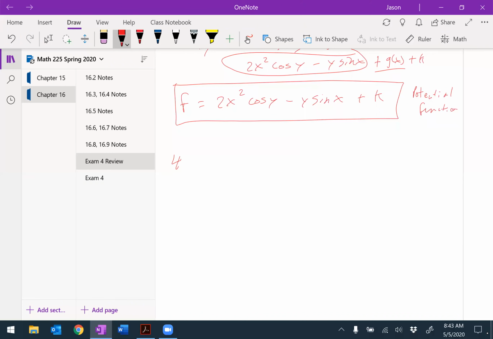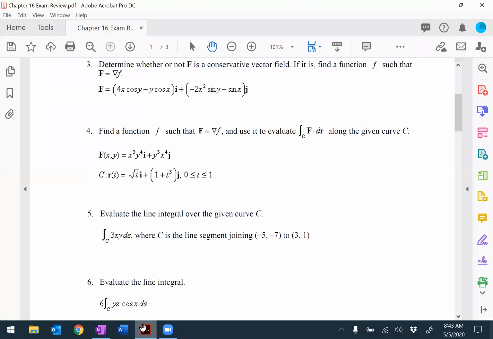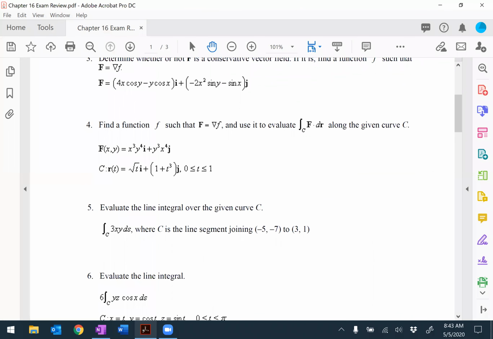Okay, number 4 says, find a function f such that F is the gradient, and now we want to find the potential function and use it to evaluate. We're going to use the potential function, or the parent function, to apply the fundamental theorem of line integrals.